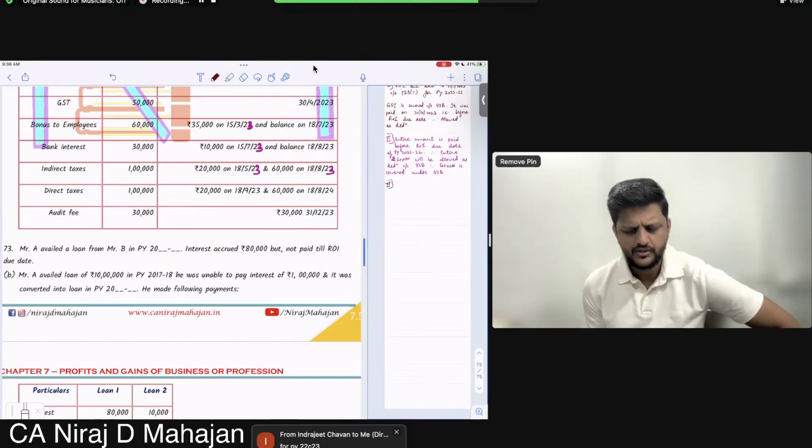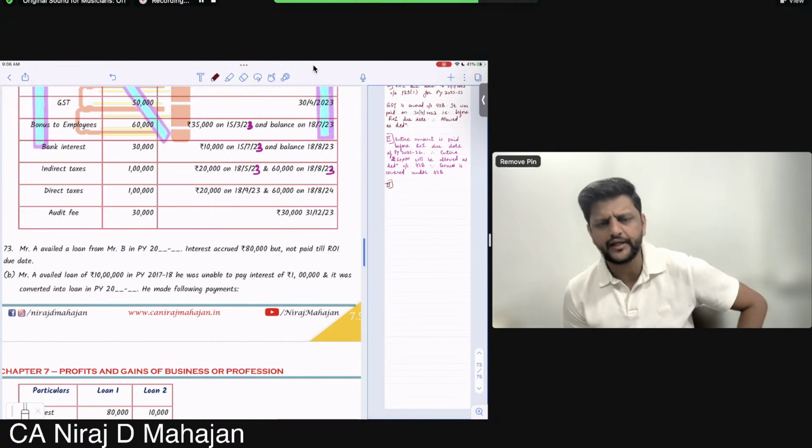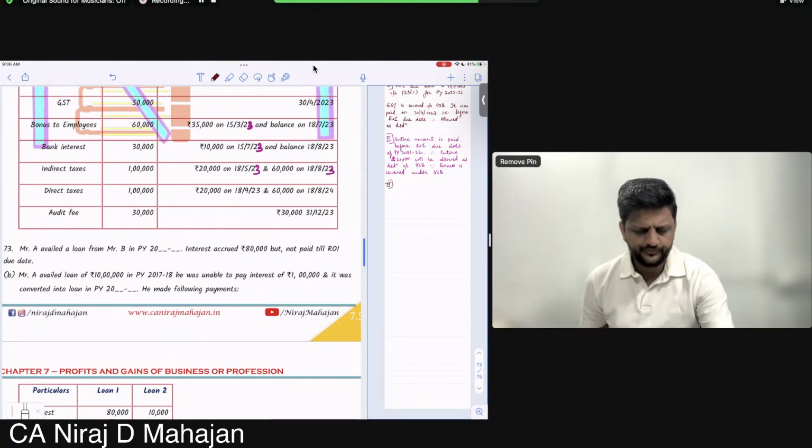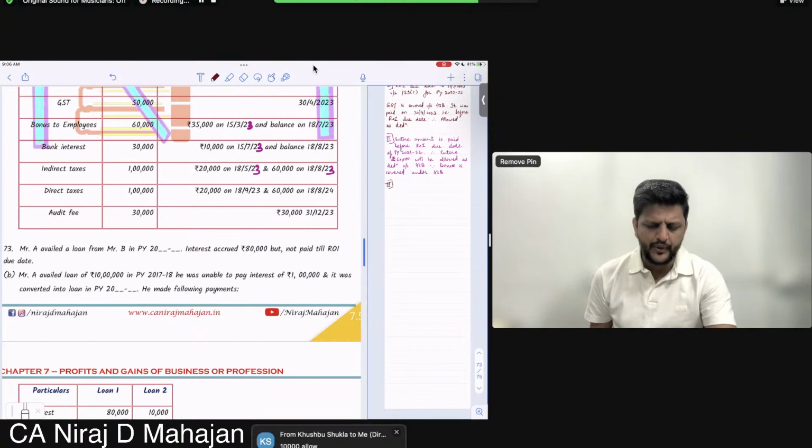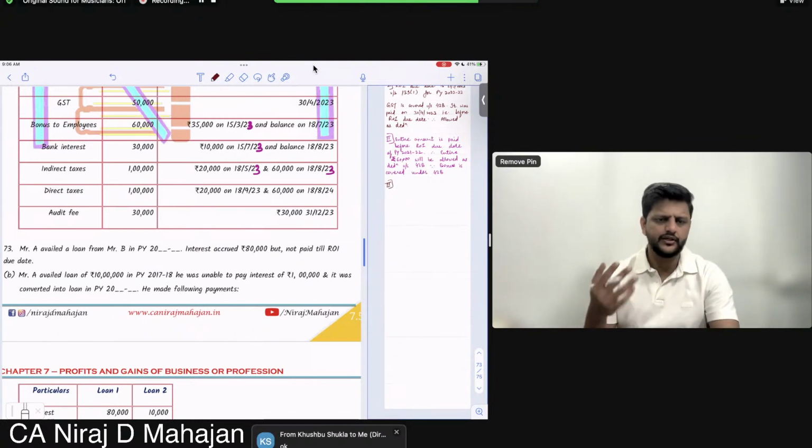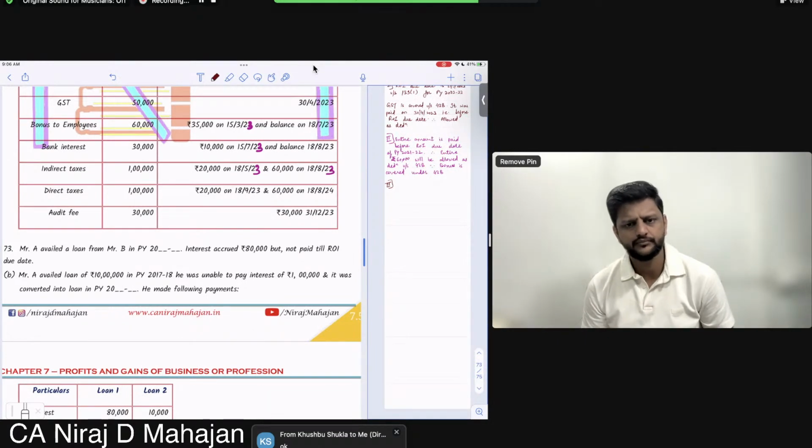Bank interest 30,000, so see, how much is paid before the ROI due date? 10,000. So 10,000 will be allowed, and 20,000 will be disallowed, and that 20,000 will be allowed in the year of payment. Everyone okay?